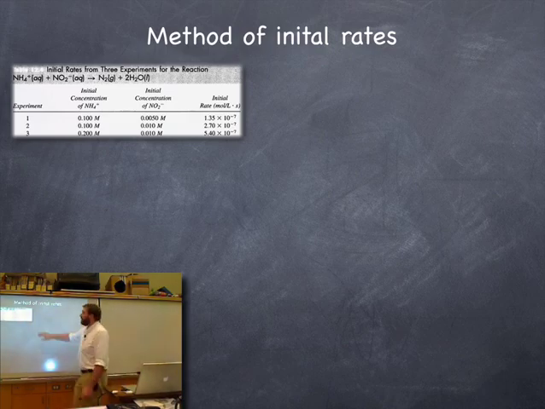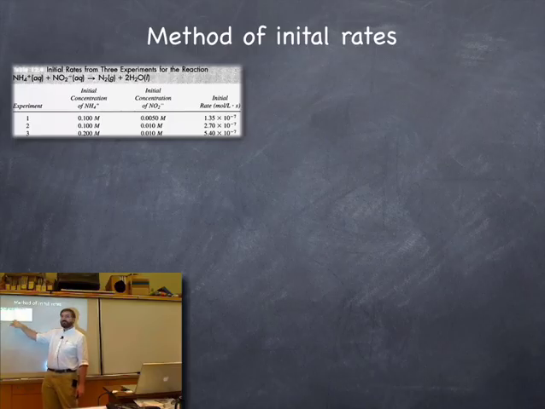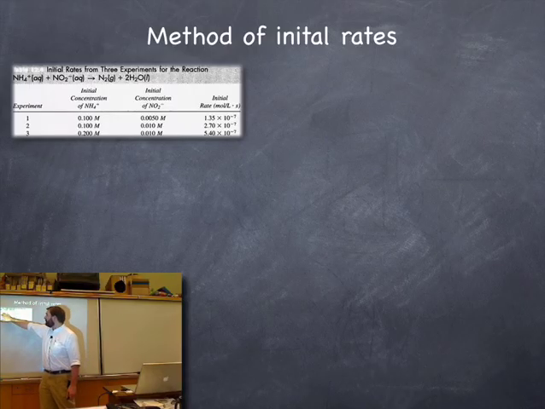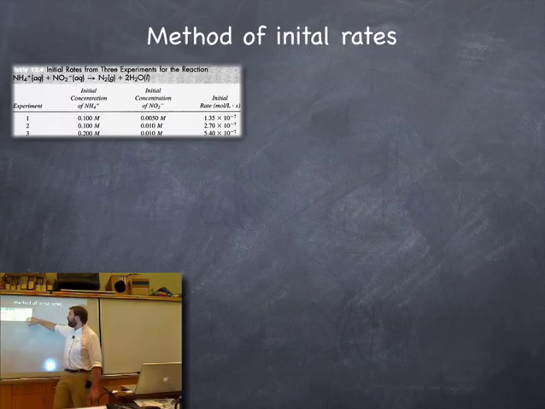So, we have 3 trials, and what's different between the trials is the initial concentration of the reactants. So in the method of initial rates, this is the initial concentration. And then the rate is how fast this reaction is taking place.